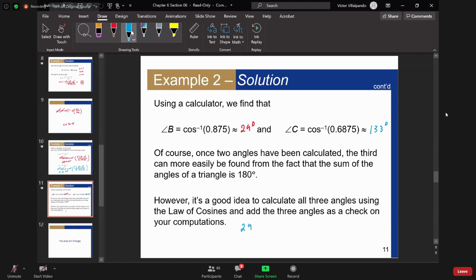29 plus 133, and then what was the first one? First one was 18. Let's double check. All right. So we have 29 plus 133 plus 18. That gives me 180.